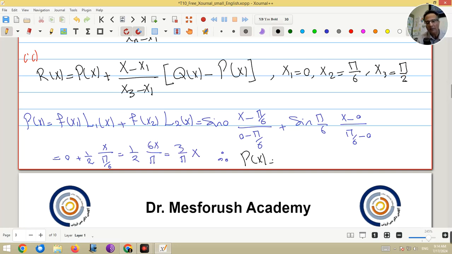So p of x is 3 over π times x. Keep it, and we will use it in the future.